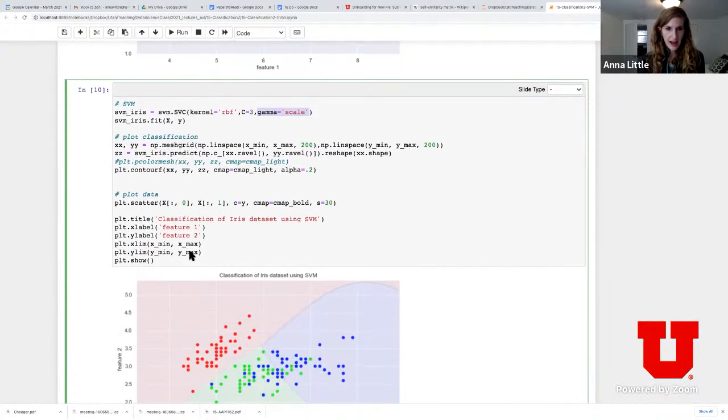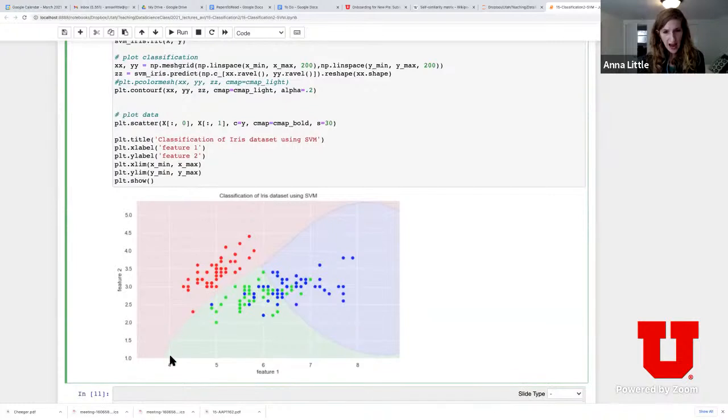And let's take a look at what we get. So now you can see that we get these nonlinear separating lines, just like we did with the two moons data set. There's still a lot of mix up here, but it's doing a decent job given the amount of mix up in the data.